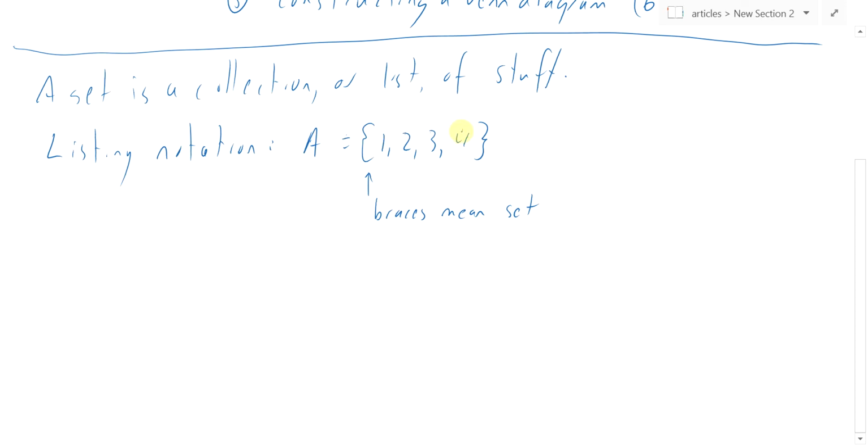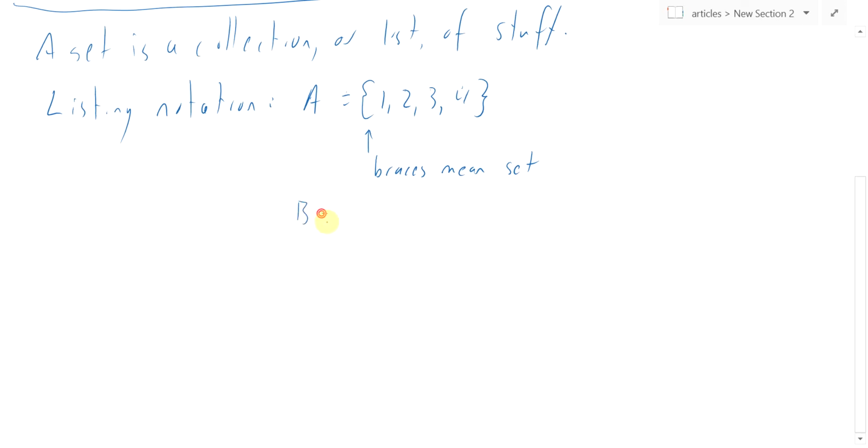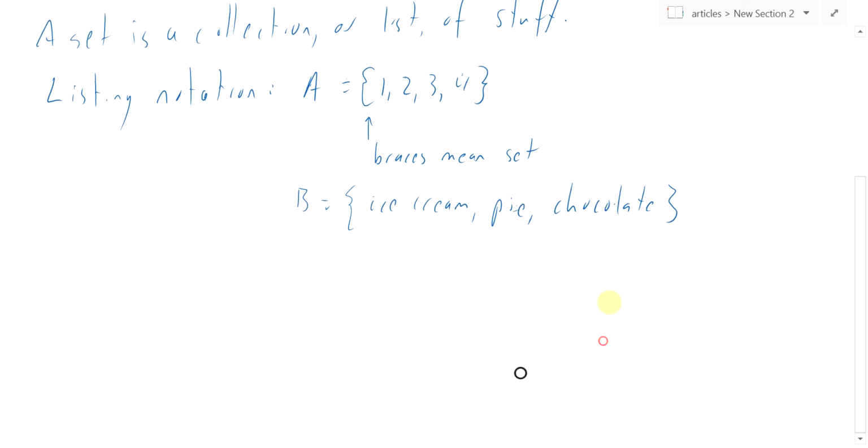So there's the set A. It's a thing with 4 elements. Or B, right? Sets don't have to be numbers. In a math class, we often have sets of numbers, but we can have sets of desserts. So B is {ice cream, pie, chocolate}. The braces mean a set of 3 things: ice cream, pie, and chocolate. So you just list the things that your set consists of.